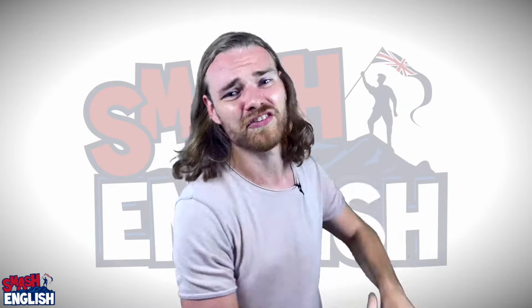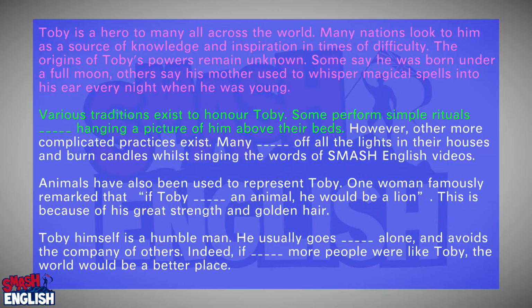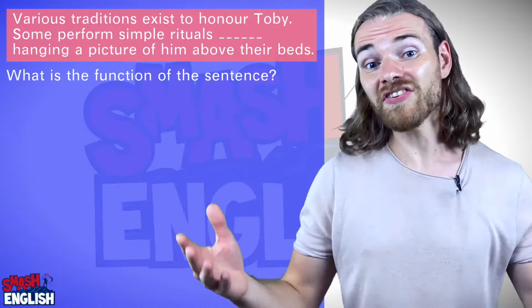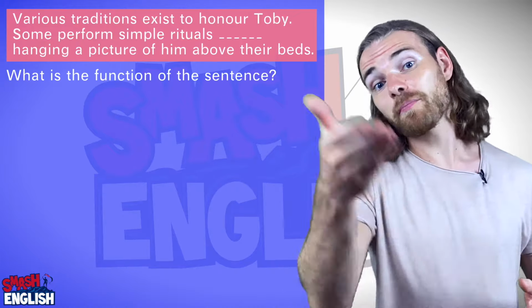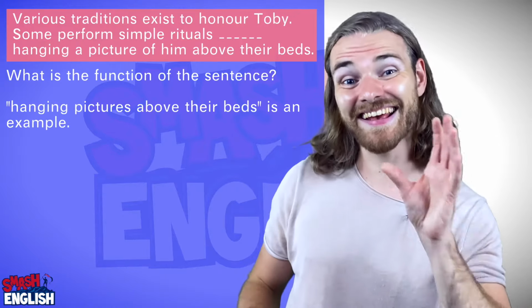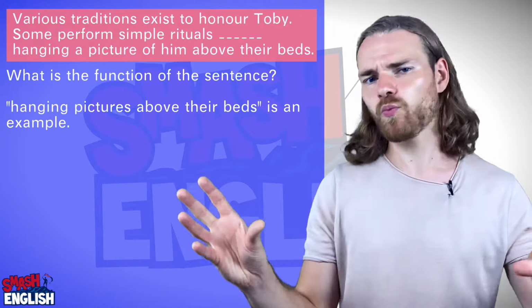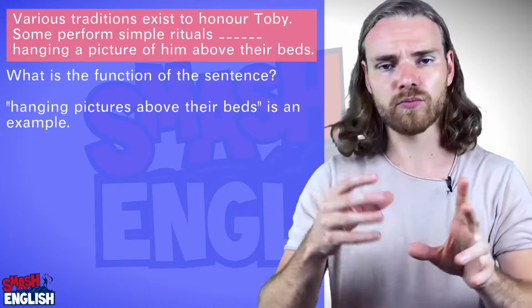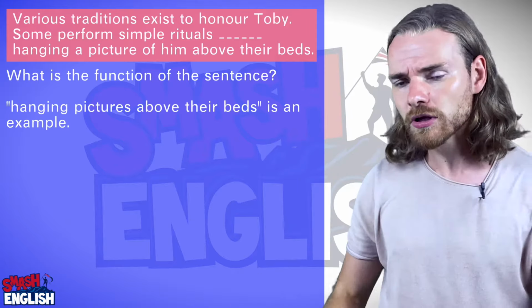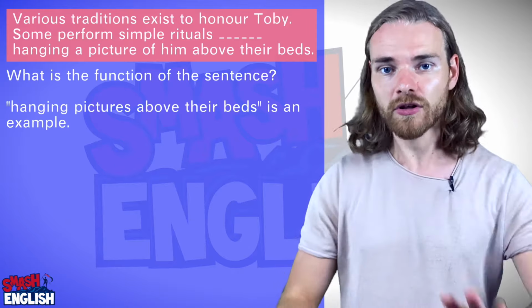Various traditions exist to honour Toby. Some perform simple rituals, hanging a picture of him above their beds. What is the function? Hanging pictures above their beds is an example. It's an example of a ritual, but we only have one word, and we cannot write for example because we only have one word.